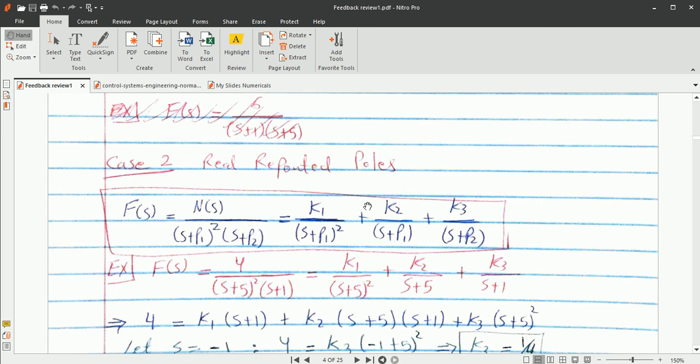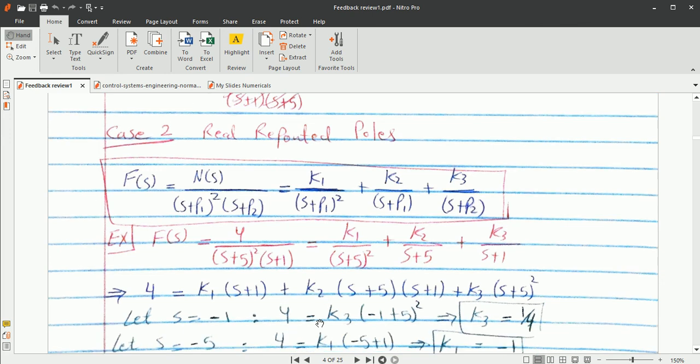Now one additional thing is here. For k1 I told you to just make this equal to 0. If you make s plus p1 equal to 0 or s plus p1 whole square equal to 0, it will give you one coefficient, but you have two coefficients. So now you have to use the compare coefficient method.